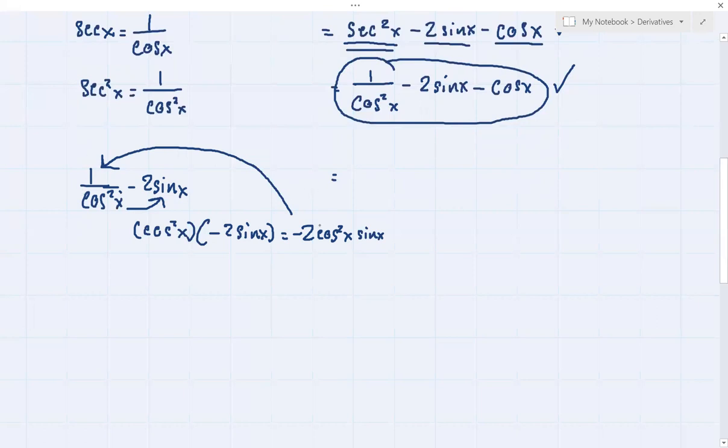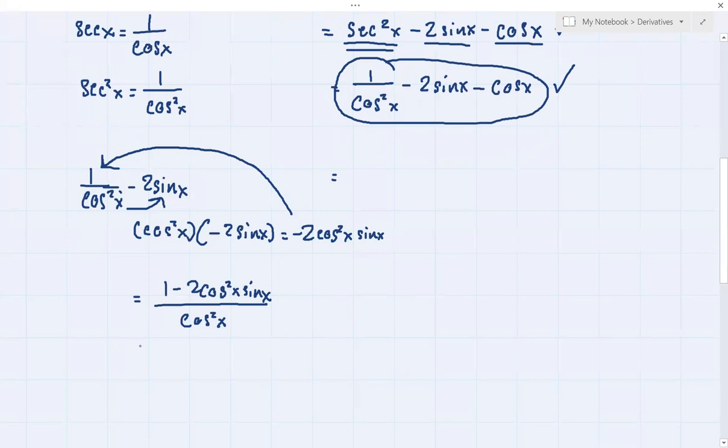So, ang mangyari dyan, if you're going to add this one to the numerator, we will have 1 minus 2 times cosine squared x times sine x all over cosine squared x. Okay? So, that would be the result.